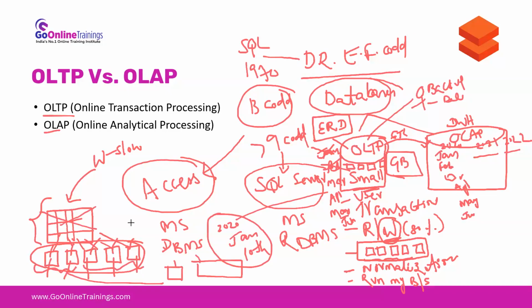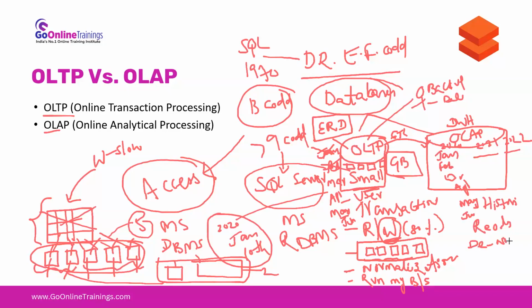So these five tables in OLTP may become two tables in your OLAP. Clear? OLAP is not transactional data at all, it is historical data, read only data, right? And it is going to be having denormalized tables.